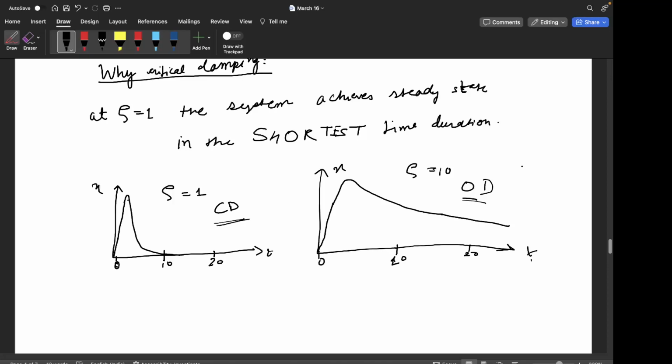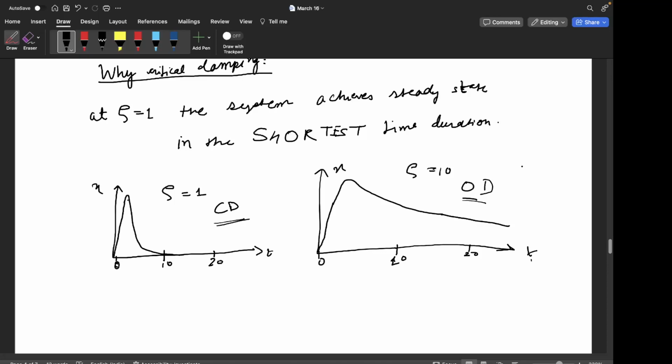In the underdamped case there are again oscillations, but the amplitude decreases with time. In the critically damped case, a special case in which xi is equal to 1, the amplitudes die down the fastest. And in the overdamped case, again there are no oscillations, but the system takes longer to come to the 0 position.